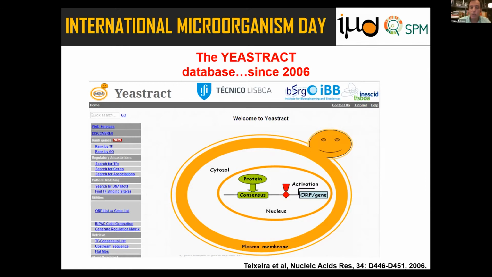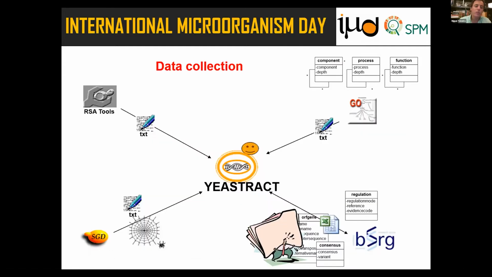So what we did was look for the transcription factors, the recognized consensus, and the target genes in the literature. And together with sequence data that we got from a number of different platforms and reading lots and lots of papers, we actually put together the Yeastract database, first focusing on Saccharomyces cerevisiae.